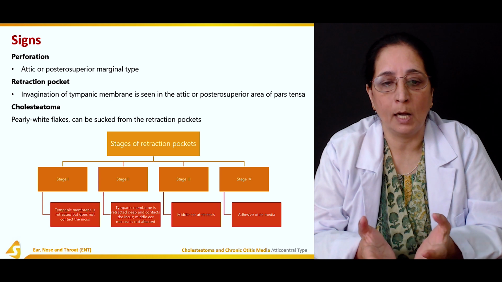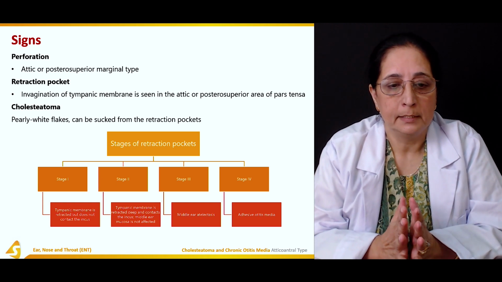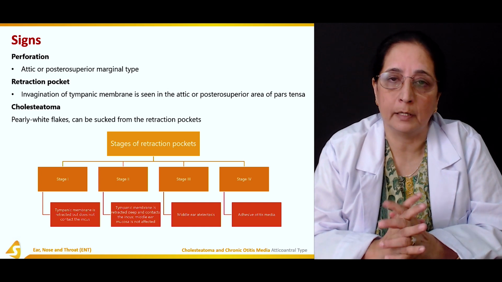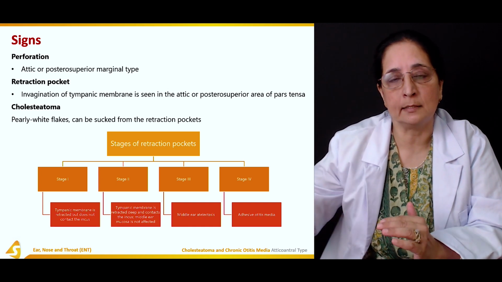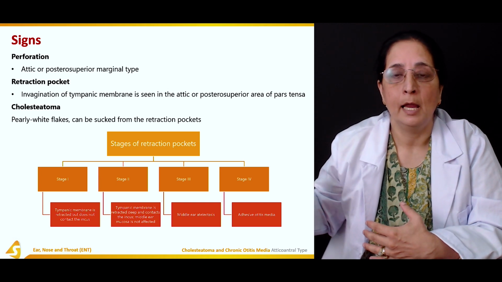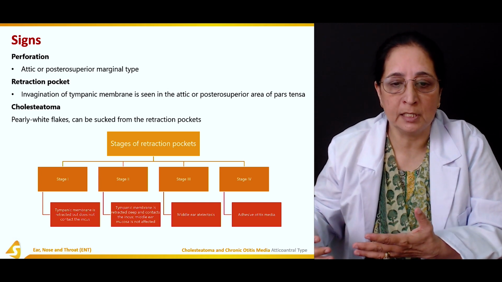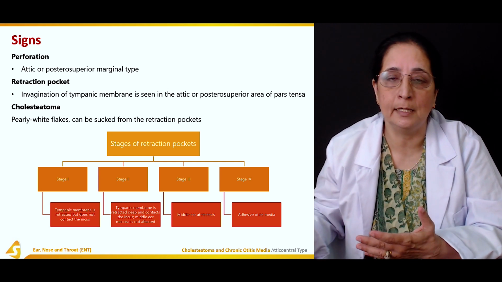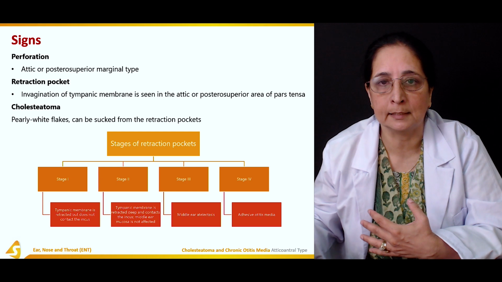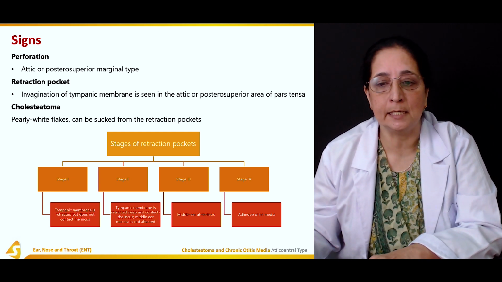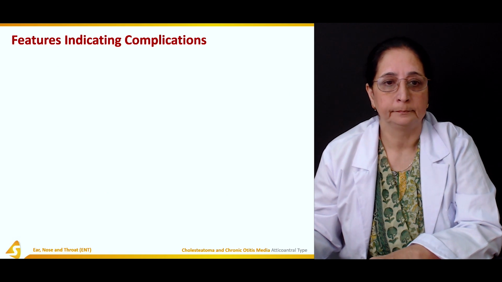In stage 1, the tympanic membrane is retracted but does not contact the incus. As the stages progress, in stage 2 it reaches the incus. In stage 3, it reaches the middle ear and causes middle ear atelectasis. And in the fourth stage, it can cause adhesive otitis media.